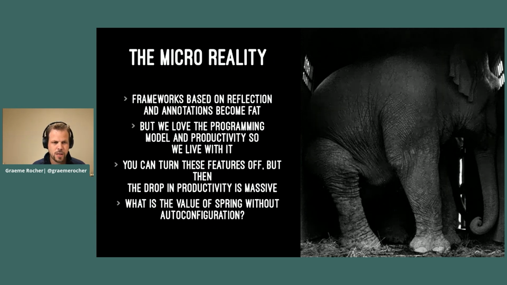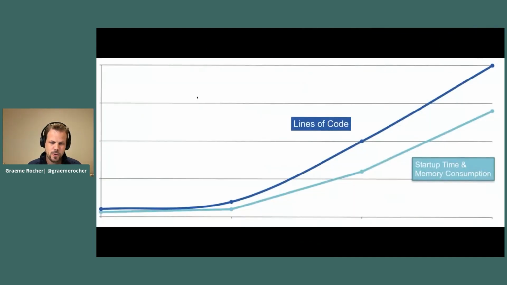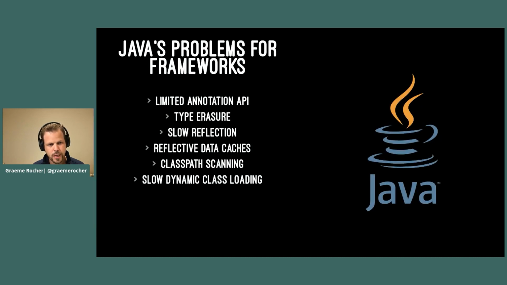Of course you can turn many of these productivity features of these frameworks off, but the drop-off in productivity is massive. And we found when we started looking into Micronaut that there was this relationship in typical Java applications based on this model, where as your lines of code increase, so does your startup time and memory consumption. And this is what we wanted to address with Micronaut.